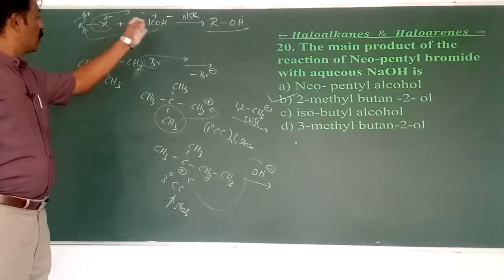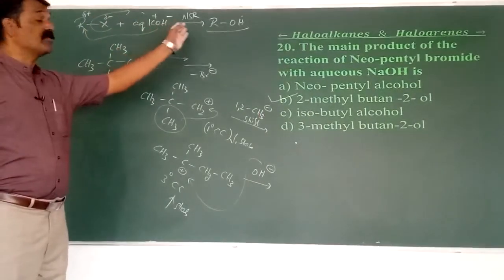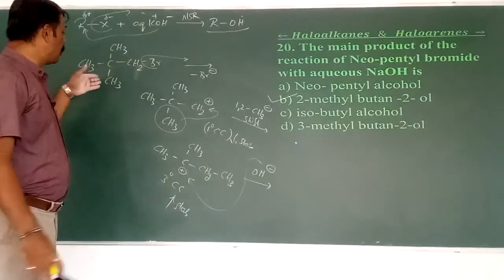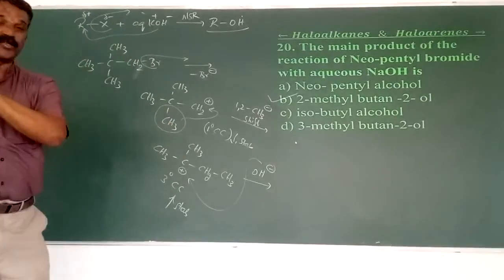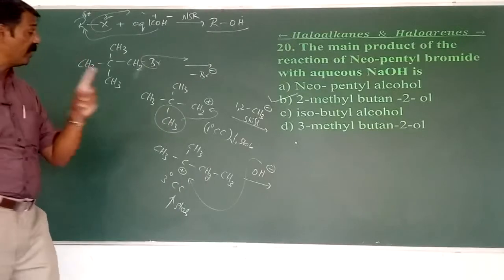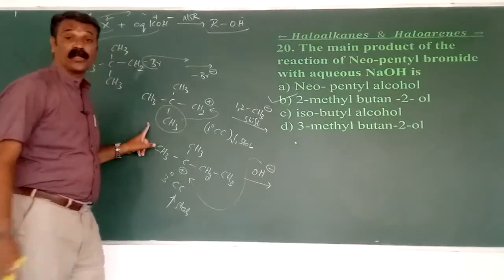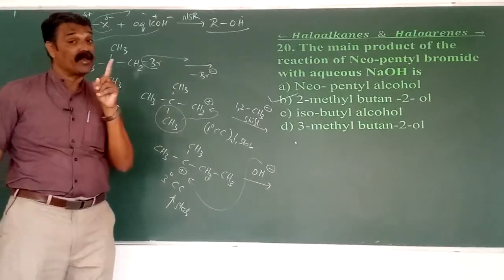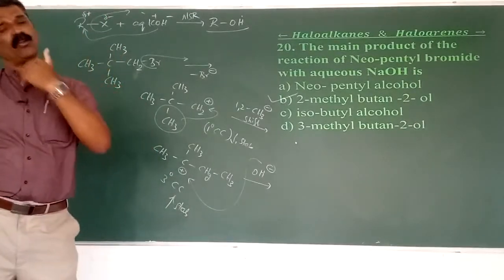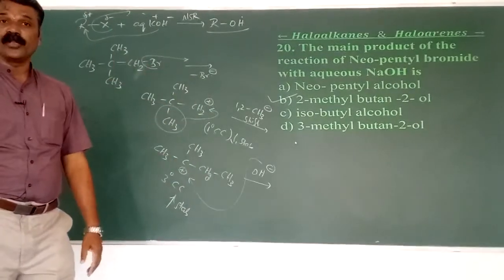Suppose according to the general concept, if a haloalkane is made to react with aqueous KOH, it forms the respective alcohol. If it is neopentyl bromide, we usually expect neopentyl alcohol. No, it is not. First, you have to frame the carbocation, and observe whether that carbocation is primary, secondary or tertiary. If it is tertiary, no doubt, directly we can put the nucleophile.